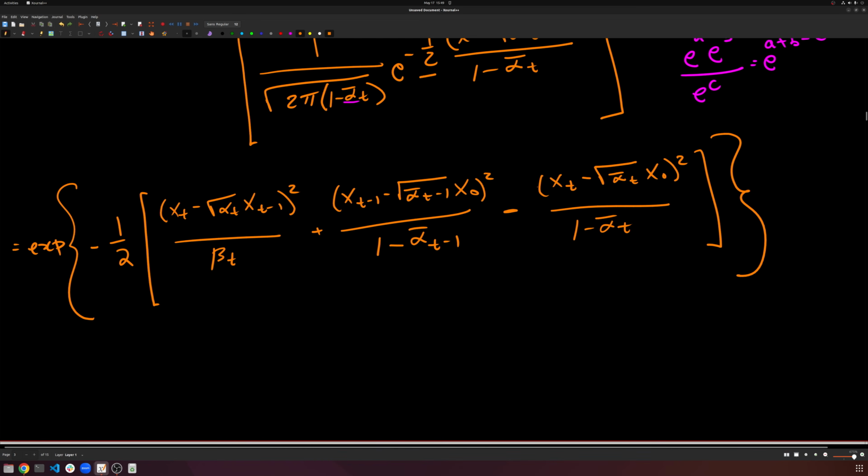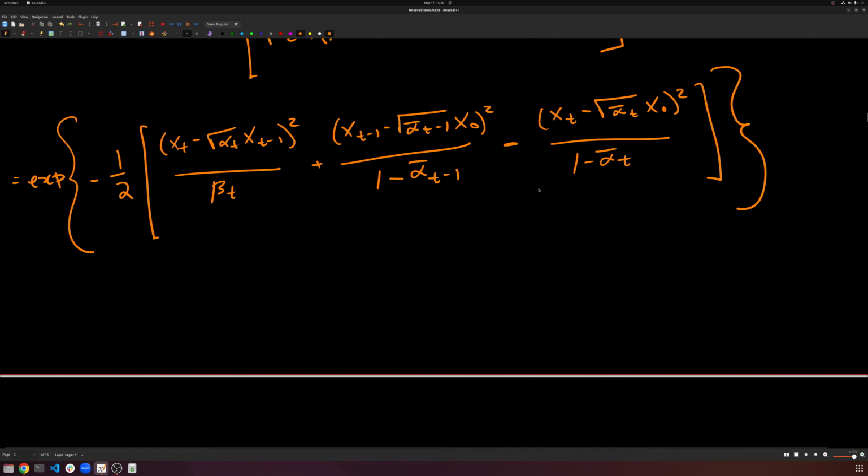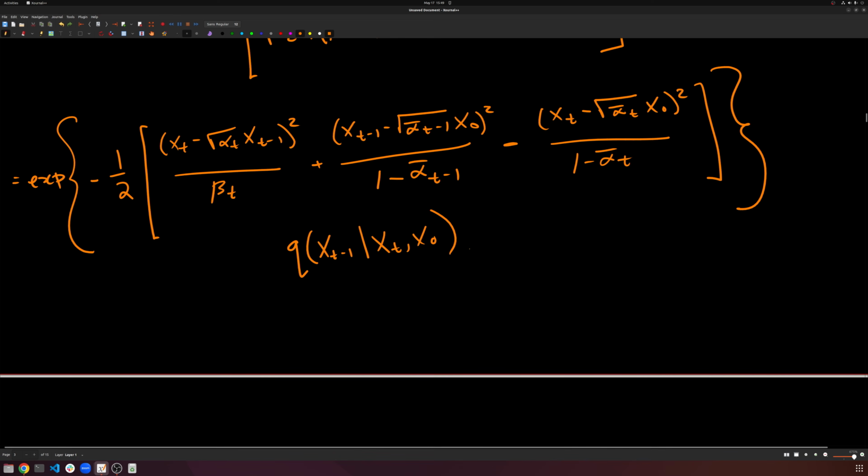And now we will ask one more question just to make the math a little bit simpler. What do we want? We want to solve for q of x_{t-1} given x_t and x_0, of course. Which means really what we care about is the x_{t-1} values, right? Anything that's not x_{t-1}, so x_t and x_0, are just constants. They're given to us, right?